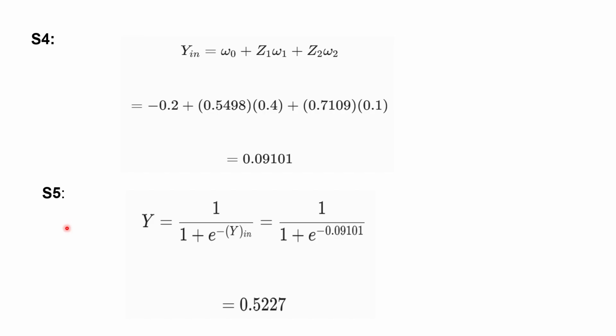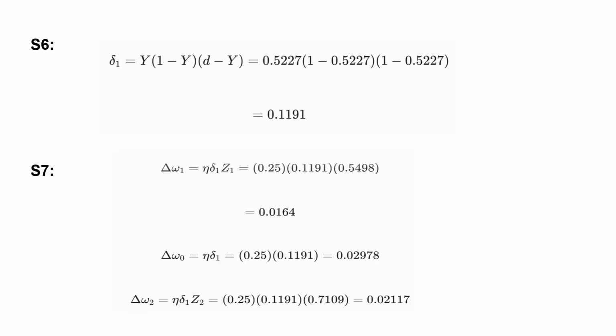In step 5, we determine the actual output by applying the sigmoid activation function to the input to the output layer. So y is equal to 1 by 1 plus e to the power of minus yin, which is obtained as 0.5227.